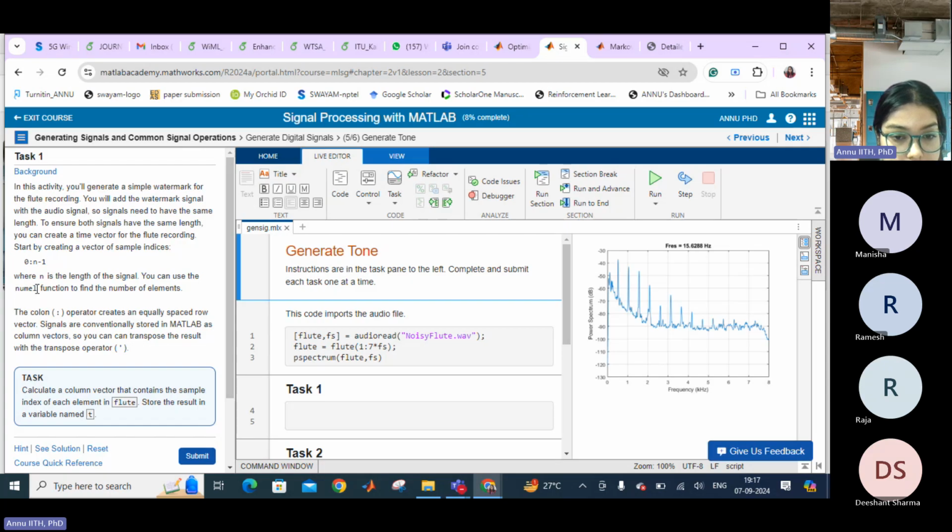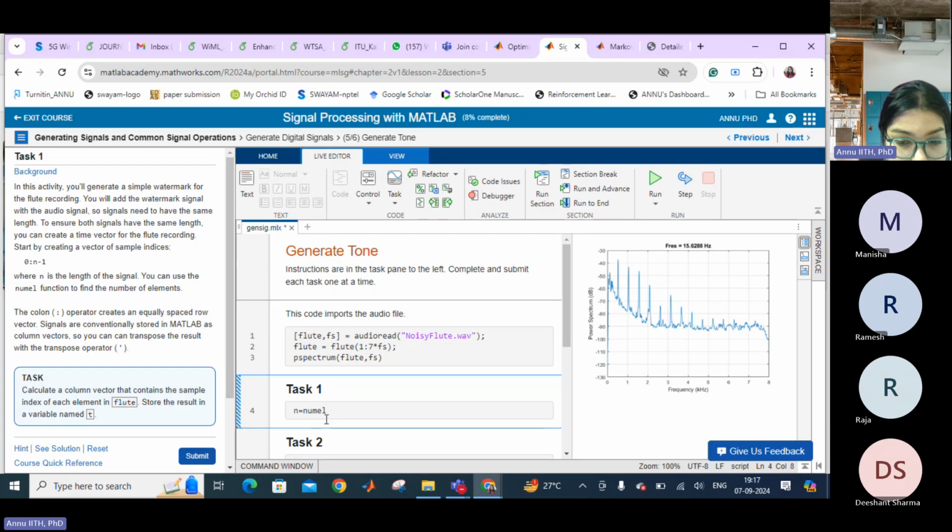of elements. So n is equal to numel of flute. The colon operator creates an equally spaced row vector.